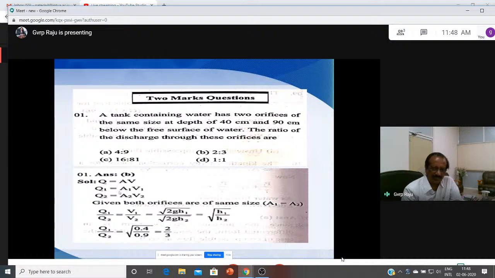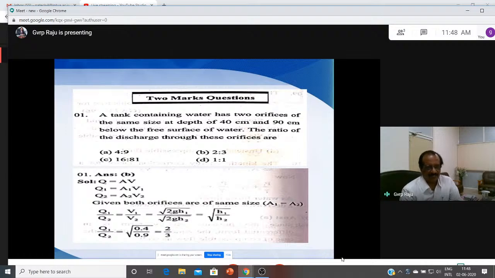So then Q1 is proportional to V1 and Q2 is proportional to V2, since A1 and A2 are the same. So Q1 by Q2 is A1 V1 by A2 V2, and we can cancel A1 and A2 here, so that we have V1 by V2.